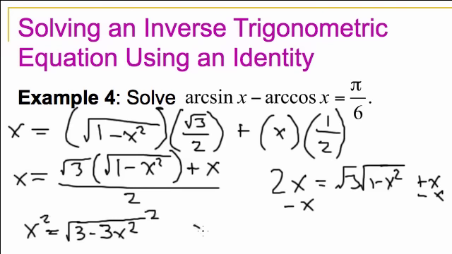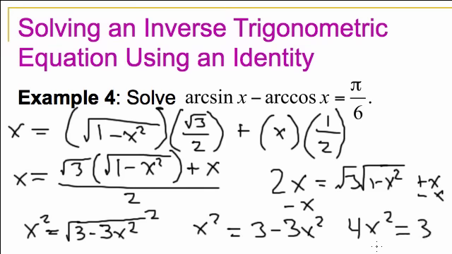We're going to end up with x squared equals 3 minus 3x squared. Add that to the other side. 4x squared is equal to 3. Divide both sides by 4. x squared is equal to 3/4. Square root both sides. Final answer: x is equal to the square root of 3 divided by 2.